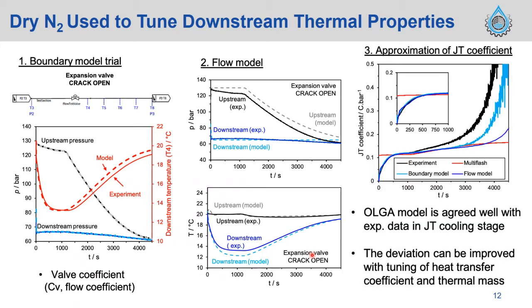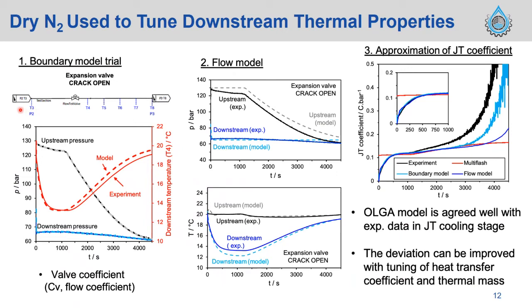Furthermore, we tried the approximation of the Joule Thomson coefficient. What we can find is that up to about 30 minutes, our Olga model, which is the boundary model, and the flow model give quite good agreement with our experimental results. And as you can see, the red line, which is the multi-flash prediction, has a big deviation in the first place, because the multi-flash prediction uses just P2 and T3.